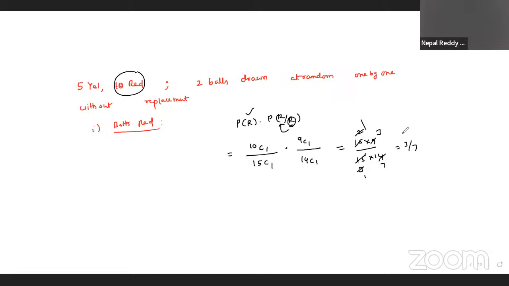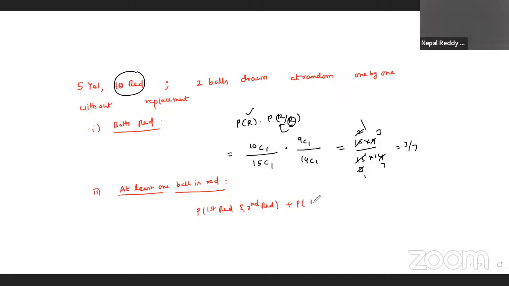Next question. The same setup, for which the second one is, at least 1 ball is red. The question is, at least 1 ball is red. Maybe 1 is red or 2 become red. That is the case. So now the probability to get the first case red and second case red, both red, is 1 chance.